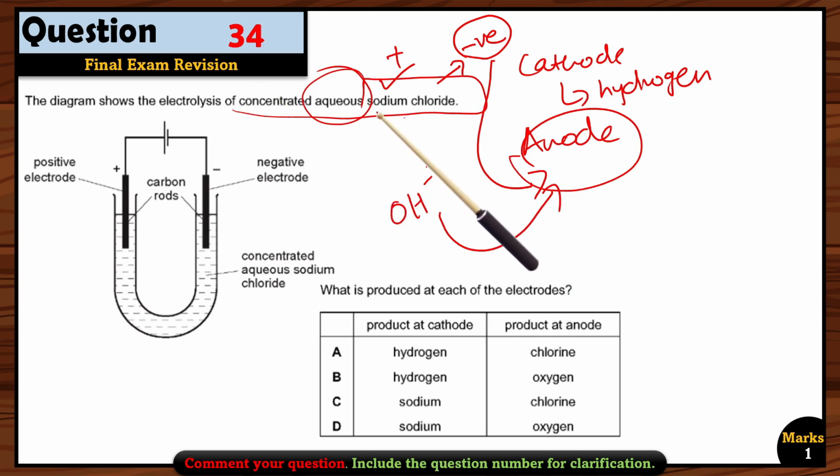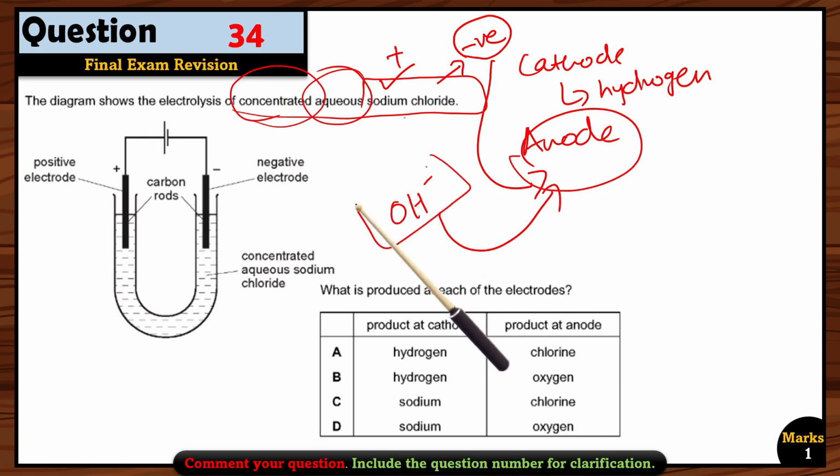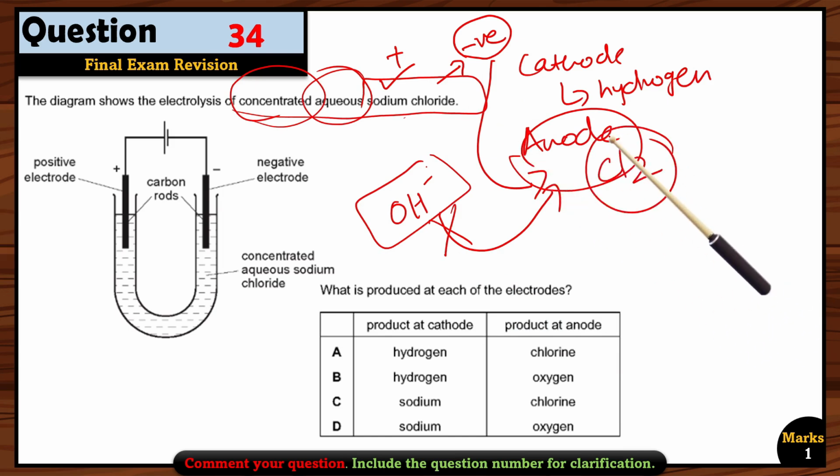The sodium chloride is concentrated. It is not dilute, right? So you are not going to get the OH here. Only your own anions will come here, that is chloride. So chloride ions will come and you will get chlorine gas as the product. So the product at the anode will be chlorine gas, and at the cathode it will be hydrogen gas. So option A is the right option for this question.